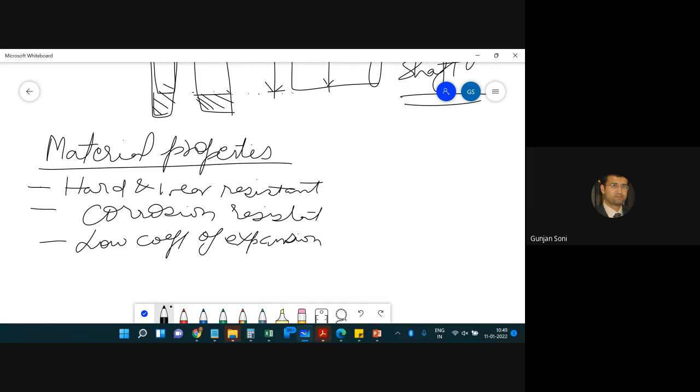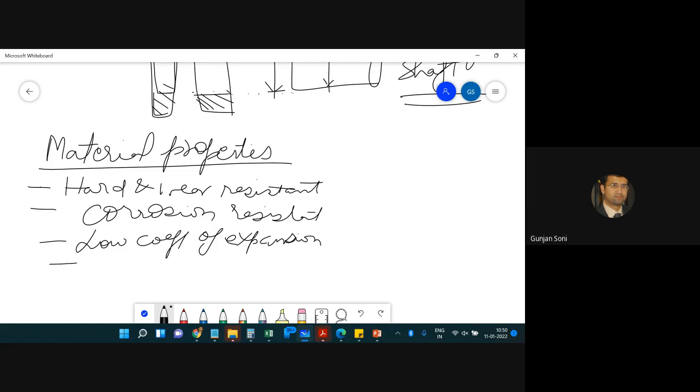What about machinability? Low surface roughness, Ananya is saying. Yeah, right. But does the surface roughness depend on the material or does it depend on the machining? Tell me, Ananya. So, sir, the material's ability to be machined.